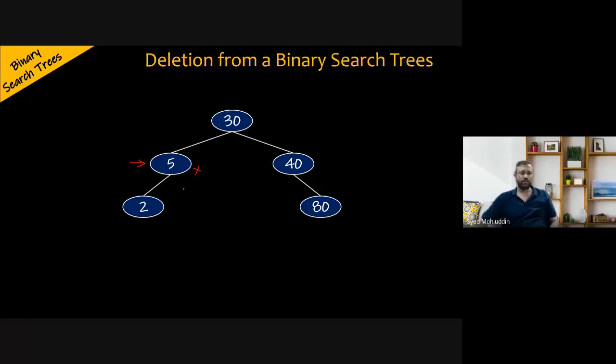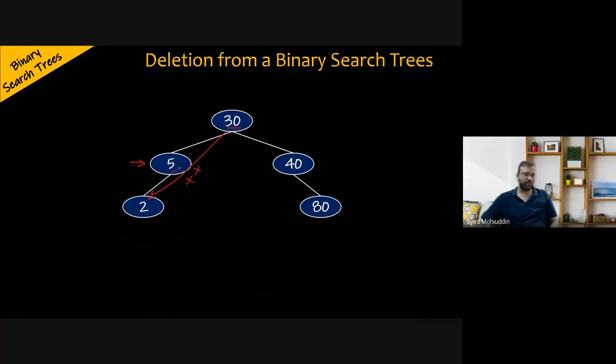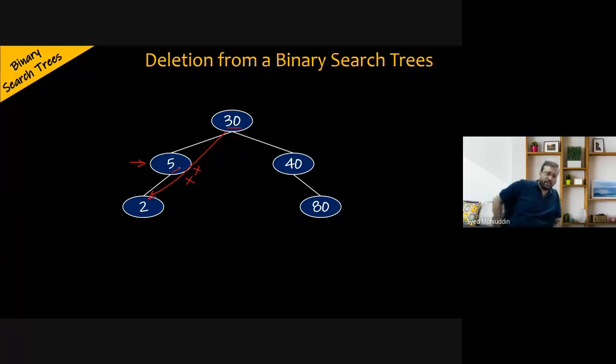So since it's a left child, we have to make the left child of node 30 as node 2. Then we will be able to delete node 5. Why do we make node 2 the left child of node 30? Because the node which we are deleting is the left child, so directly we can link the child of this node to node 30. Then delete this node 5.